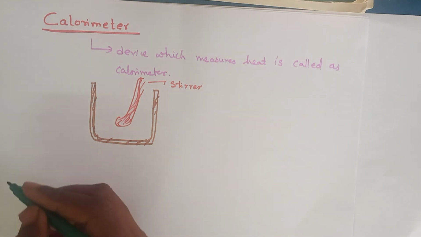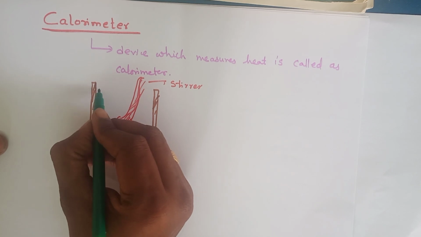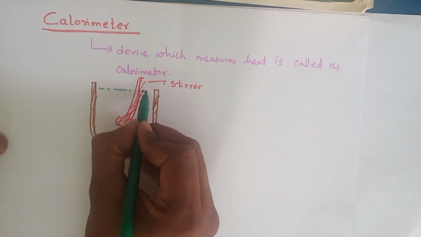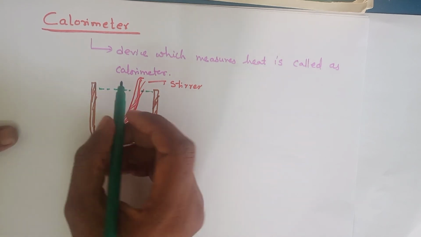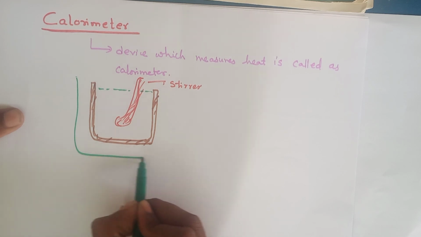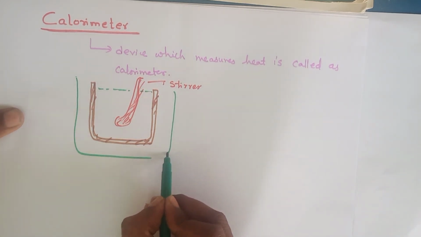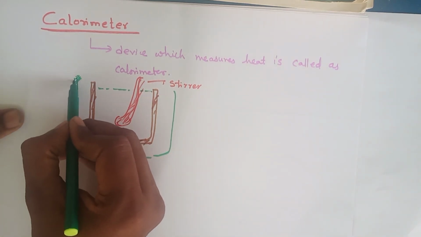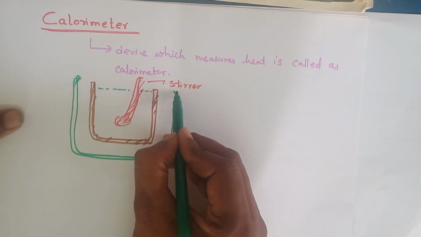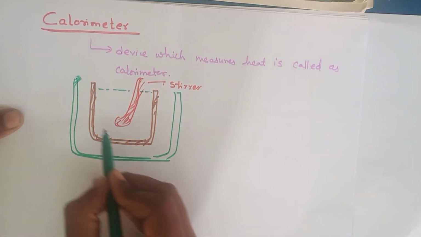Of course, there is an arrangement of thermometers also to measure the temperature, and there is a wooden jacket around it to protect the heat from escaping from the system to surroundings.